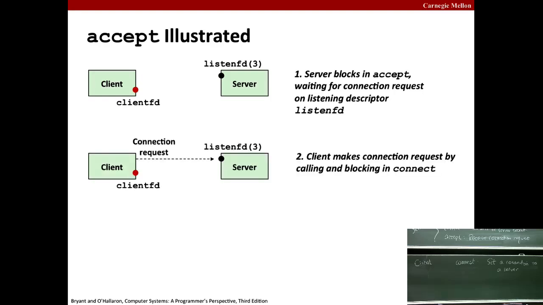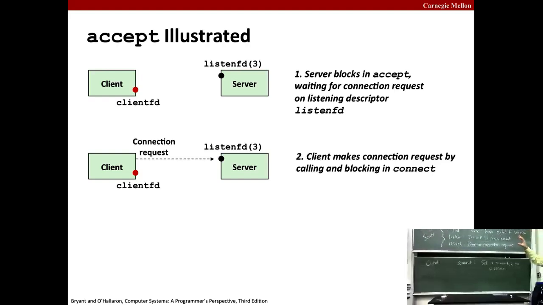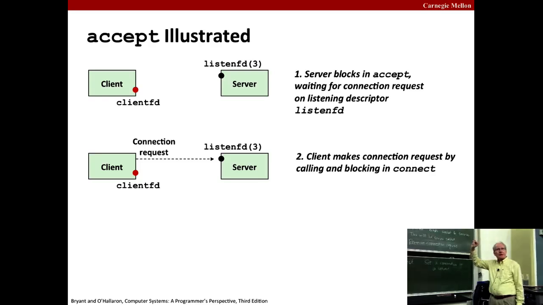It sends out a connection request that goes out over the network and lands at the server, and then the kernel hands that off to the program running on that particular port, and that call will be handled by the call to accept by the server.